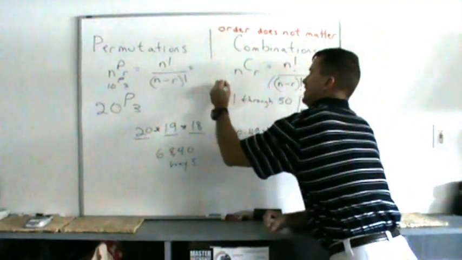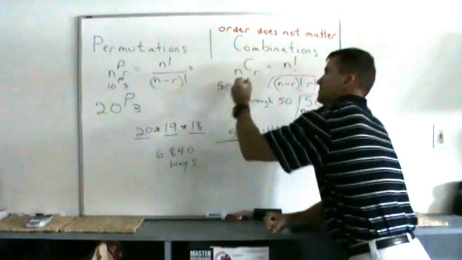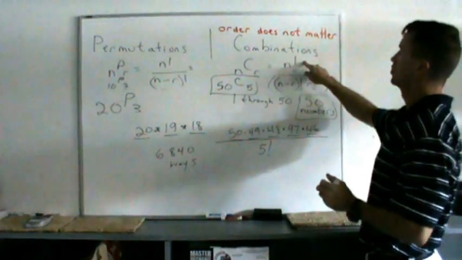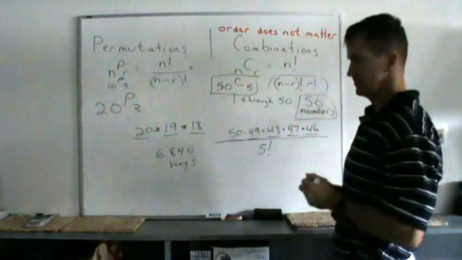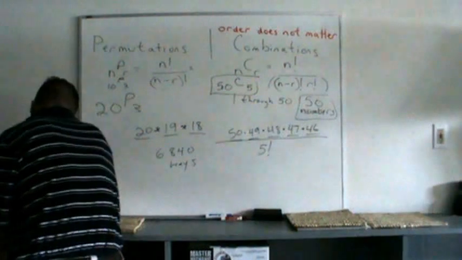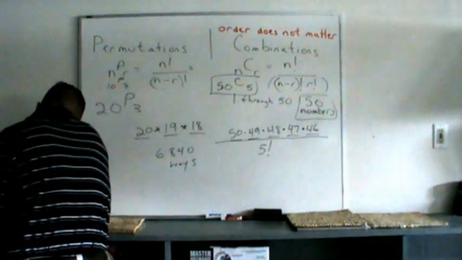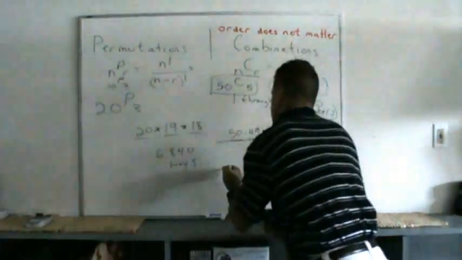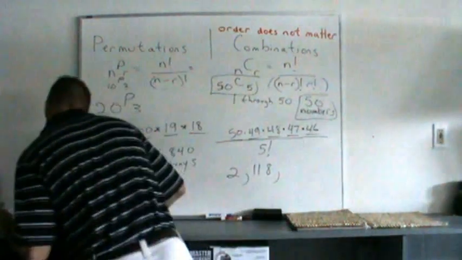This is 50 choose 5, which is 50 factorial over 50 minus 5 factorial times 5 factorial. And I will hit that on the calculator, and I get 2,118,760 ways.